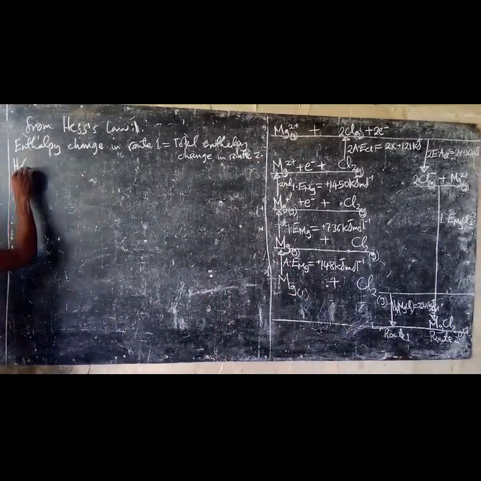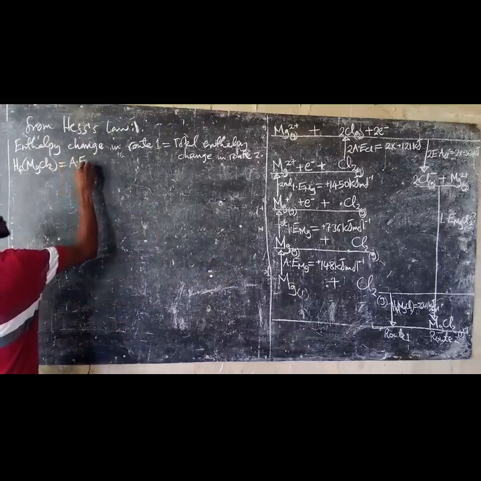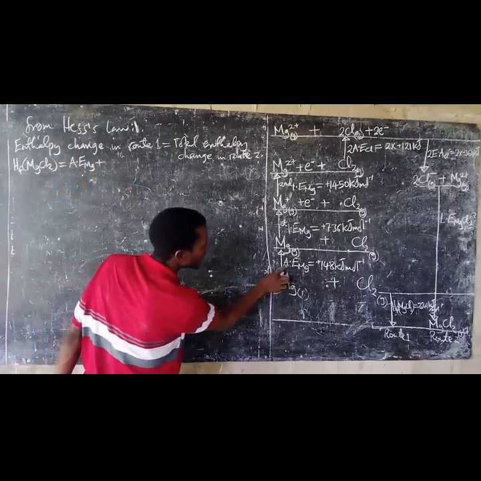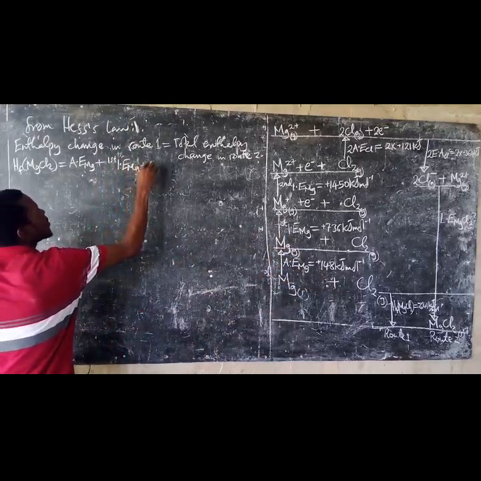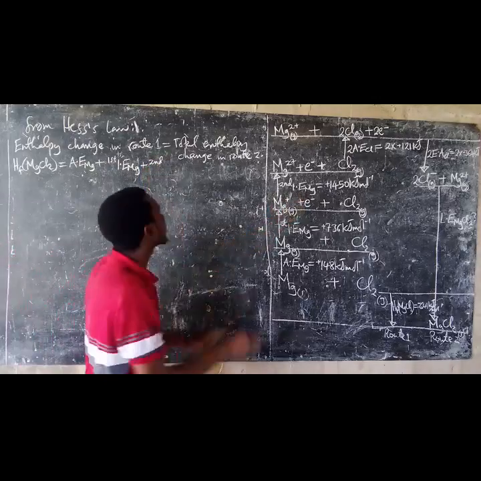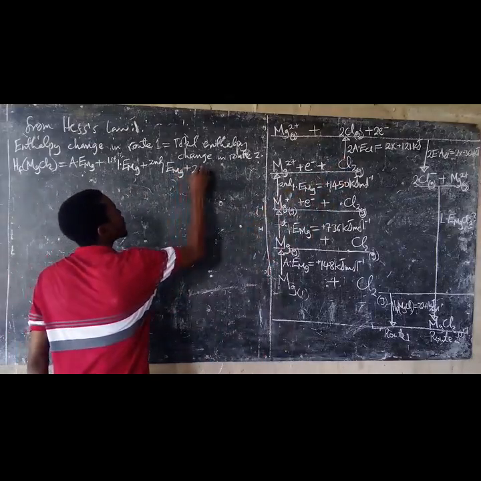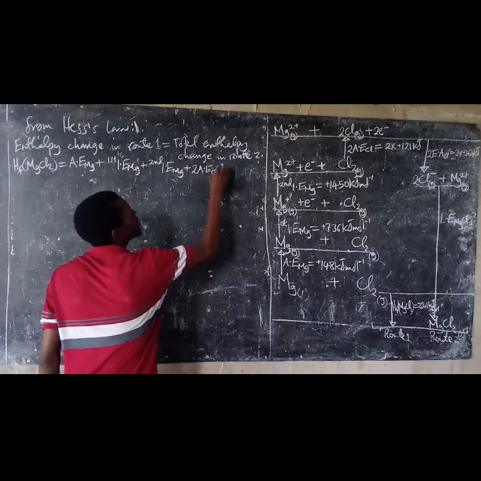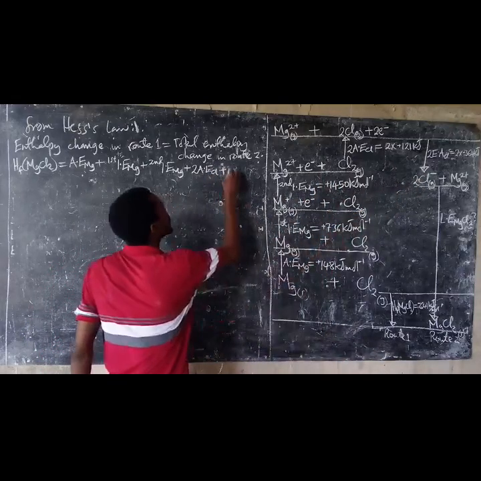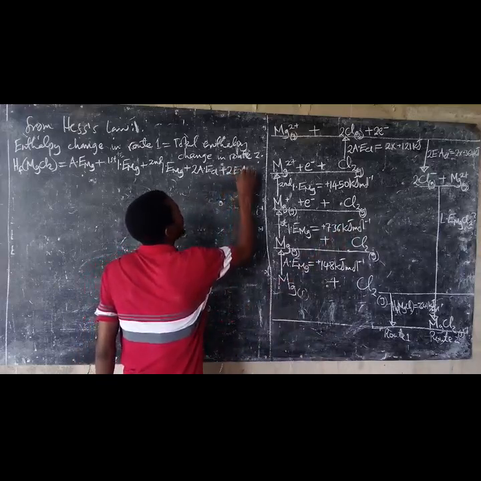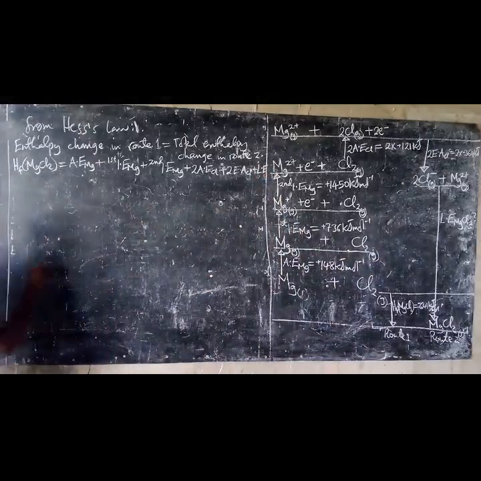So, the enthalpy of formation of magnesium chloride is equal to the atomization energy of magnesium, plus the first ionization energy of magnesium, plus the second ionization energy of magnesium, plus 2 times the atomization energy of chlorine, which is the dissociation energy of chlorine, plus 2 times the electron affinity of chlorine, plus the lattice energy of magnesium chloride.